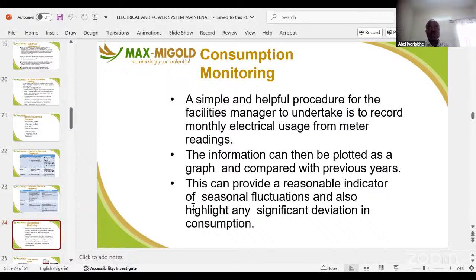Consumption monitoring. Why do you need to monitor your consumption? Most people don't pay attention to what they consume. When they bring the bill to them, they just pass it to the management and they pay. No, your job is more than that. When you are newly employed, take stock of what you have been consuming, the bills they have been serving you.